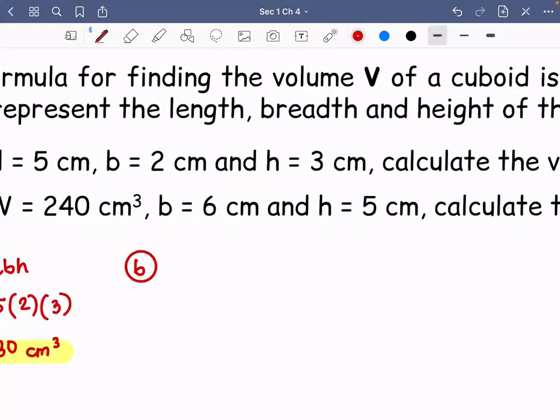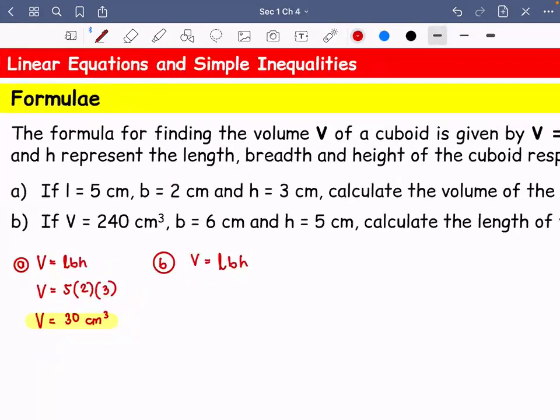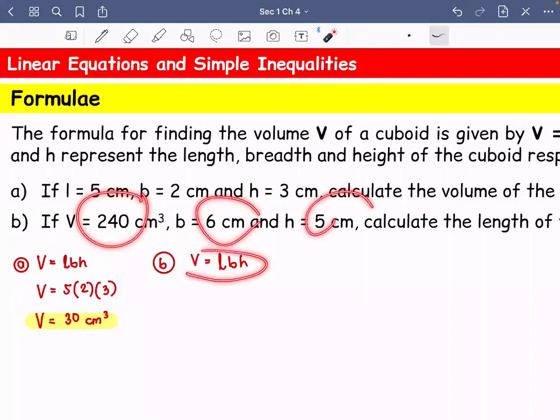Class, remember this, always start with the correct formula. So again, to get the volume of a cuboid, V is equal to length times breadth times height. Now, what do we do? We substitute these values first in our formula. We plug this in here.